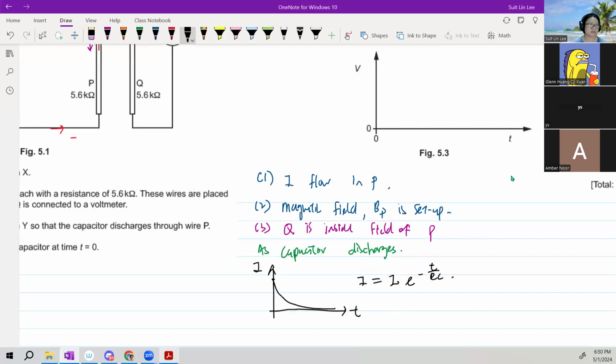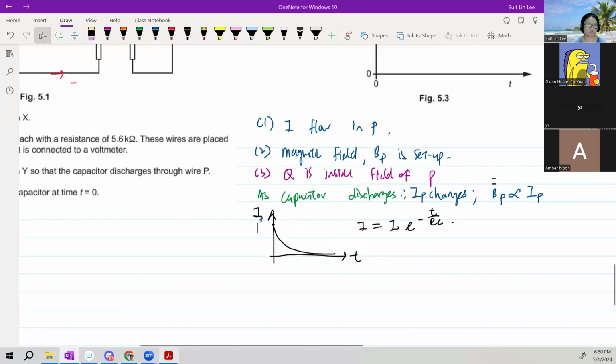Okay, so as capacitor discharges, BP, or rather, I changes as per this graph, and BP is proportional to I in P. This is I in P. So BP will also have the same graph. For the same reasons as the previous whole group question.